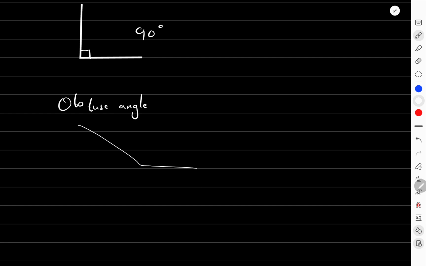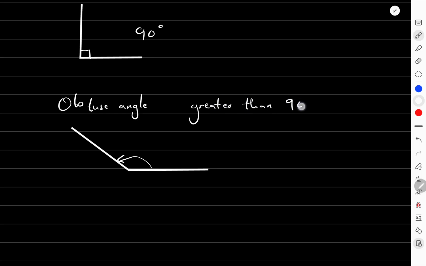So it is something of this caliber. We have an angle like this one, which is greater than 90 degrees, but less than 180 degrees.